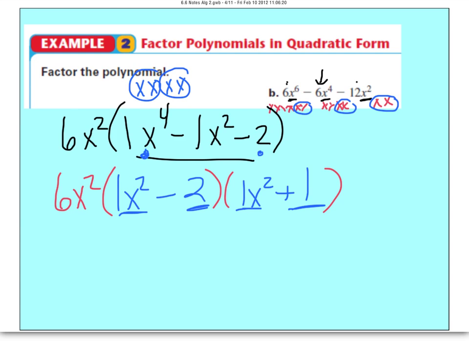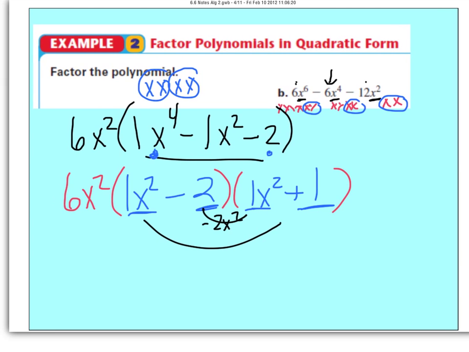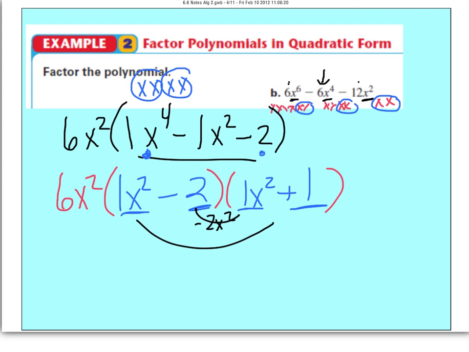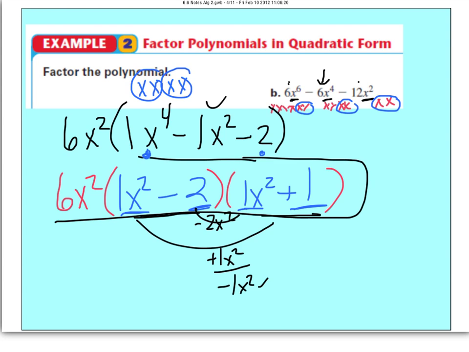I'm going to see if I'm right by multiplying this. This would be negative 2x squared, and this would be plus 1x squared. That adds together to negative 1x squared, which is what this middle term is, so that looks good. I will tell you these other two are not factorable over nice numbers, nor is this one. So this is our answer for fully factored.